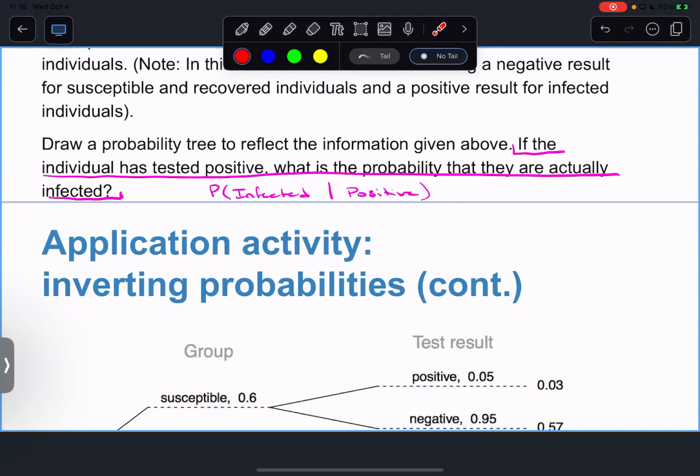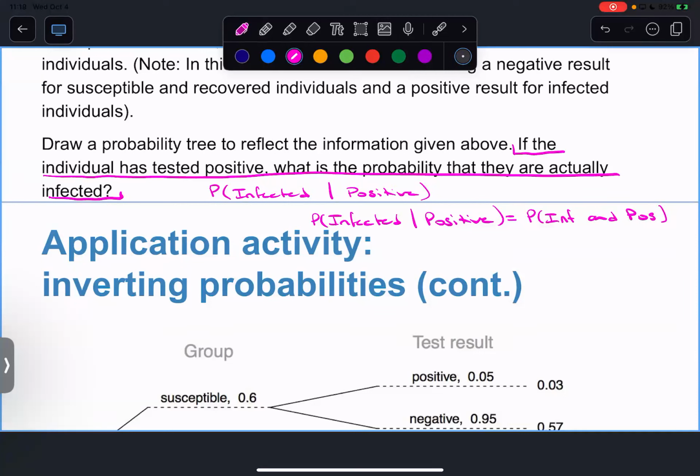So the probability of infected given positive is the probability of infected and positive, those two together, divided by just the probability of testing positive.